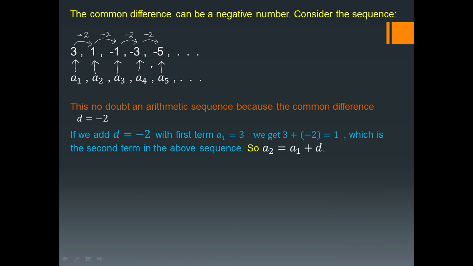If we add -2 with the first term, we are getting the second term. So A2 is obtained by adding d with A1, and similar is the case over here.